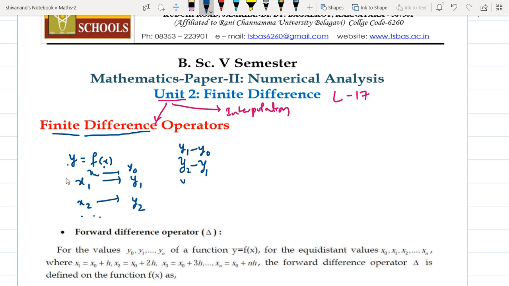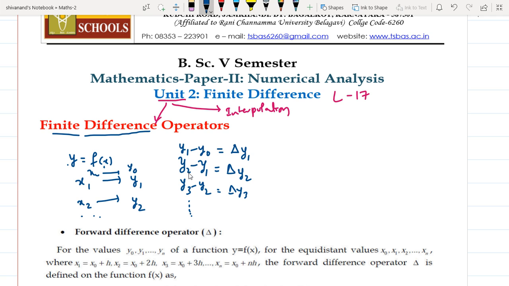So by putting x naught, x1, and so on in place of x, we get outputs y0, y1, y2, y3, and so on. Now we can see the differences y1 minus y naught, y2 minus y1, y3 minus y2, and so on. We are going to get so many differences, and I am going to write this as delta y1, this is delta y2, and this is delta y3.